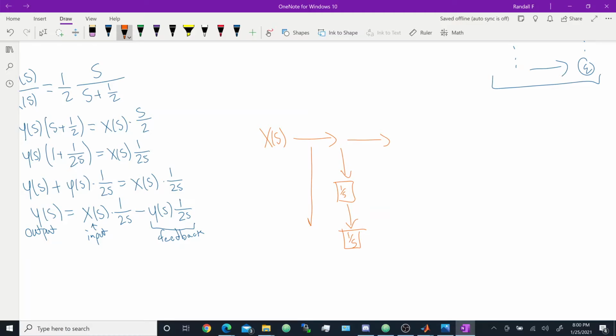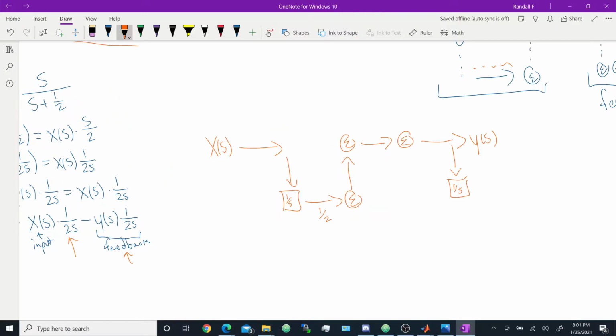So now this is continuing the format we have. We have an output, so y of s, and we don't have our feedback yet. So what we want to do is bring down 1 over s. That'll create feedback. And then there's a negative 1 over 2 term, summation, and then over there.